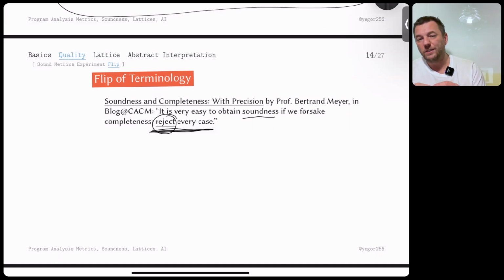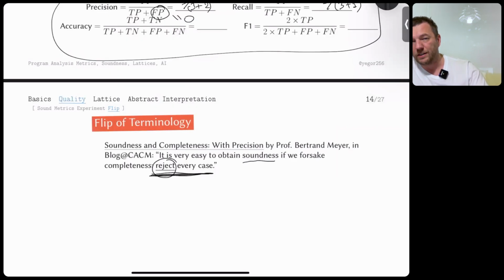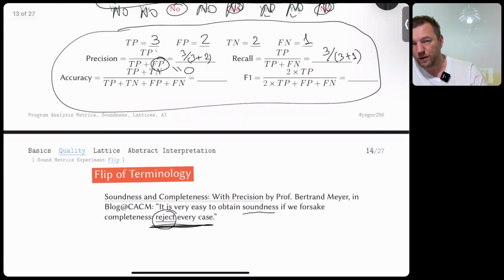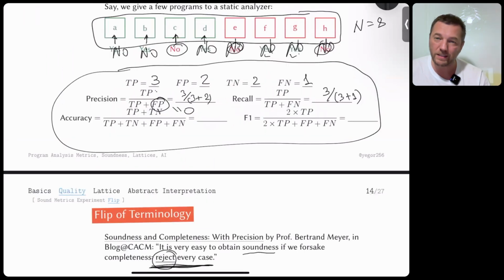So the question is, it all depends on how you understand the answers from the analyzer. If you treat the answer from the analyzer, when the bug is found, as a positive answer, then you have your soundness and completeness defined one way.